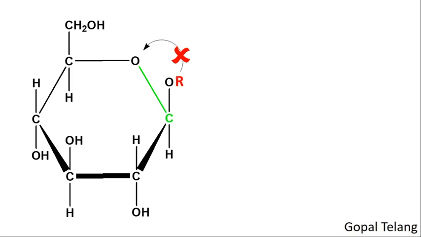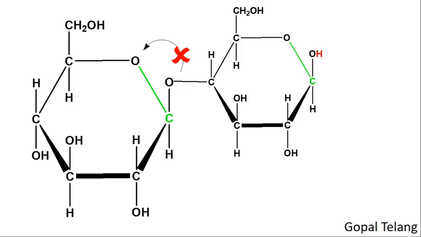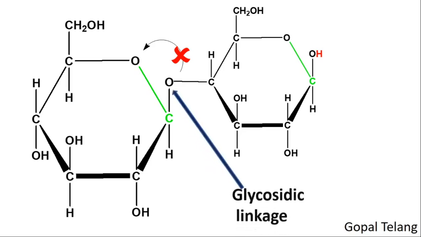Or if this is replaced by an alkyl group. But now, important, be careful: if that hydrogen is replaced by this carbohydrate molecule, another carbohydrate molecule, then there is formation of a glycosidic linkage. The glycosidic linkage is actually an ethereal linkage and will not be affected by the base, as we saw in the previous example, and therefore in this example this first ring will not open with the Tollens reagent and Fehling solution, and therefore this first ring will not provide any aldehyde group.